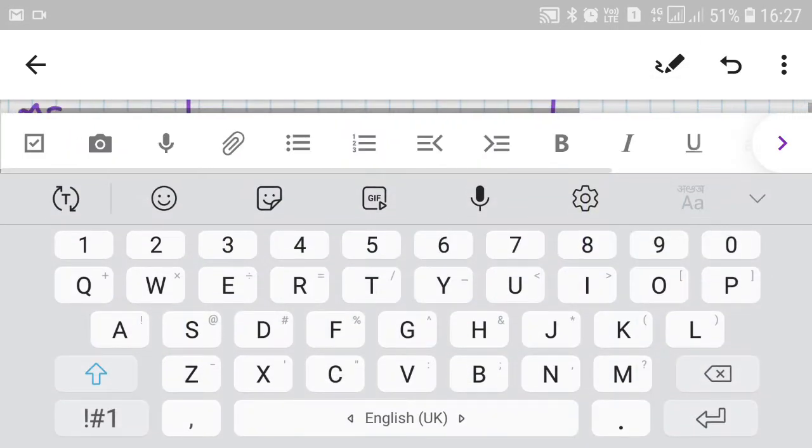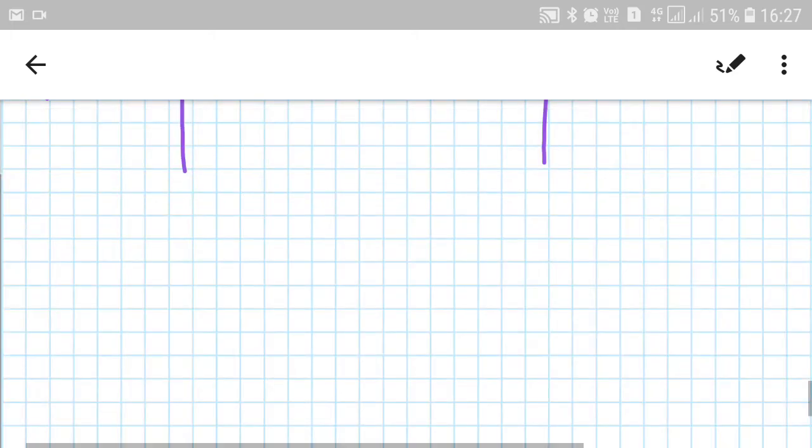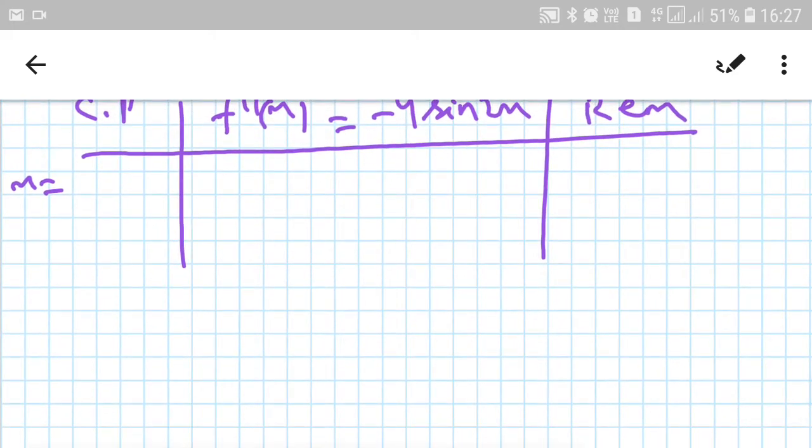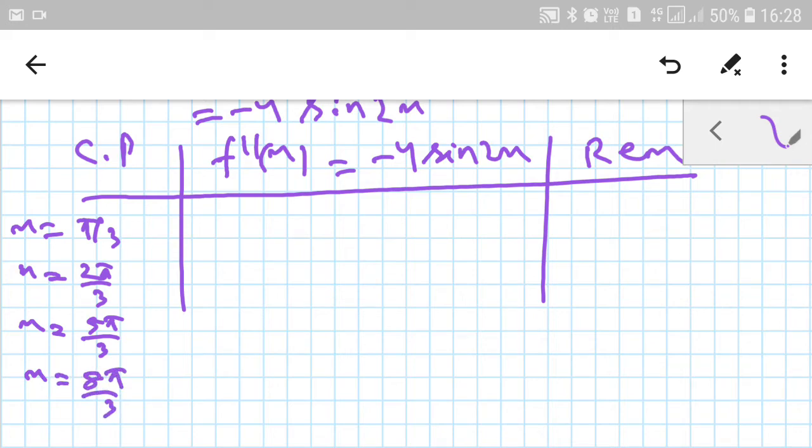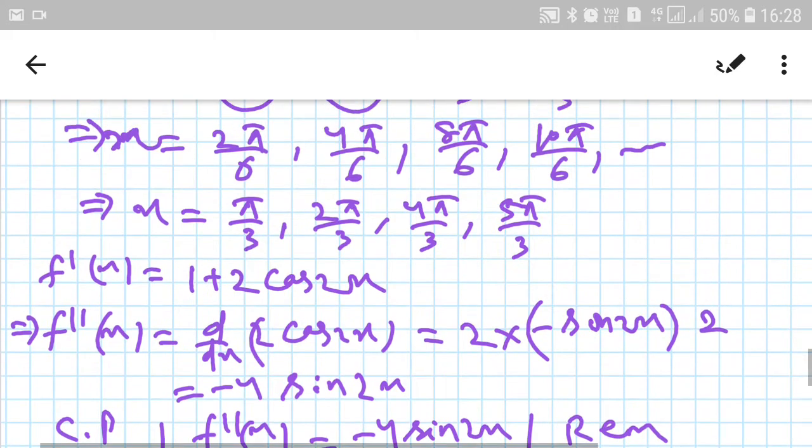Pi by 3, x is also equal to 2 pi by 3, then x is also equal to 5 pi by 3, and here x is also equal to 8 pi by 3. Let me check these values.